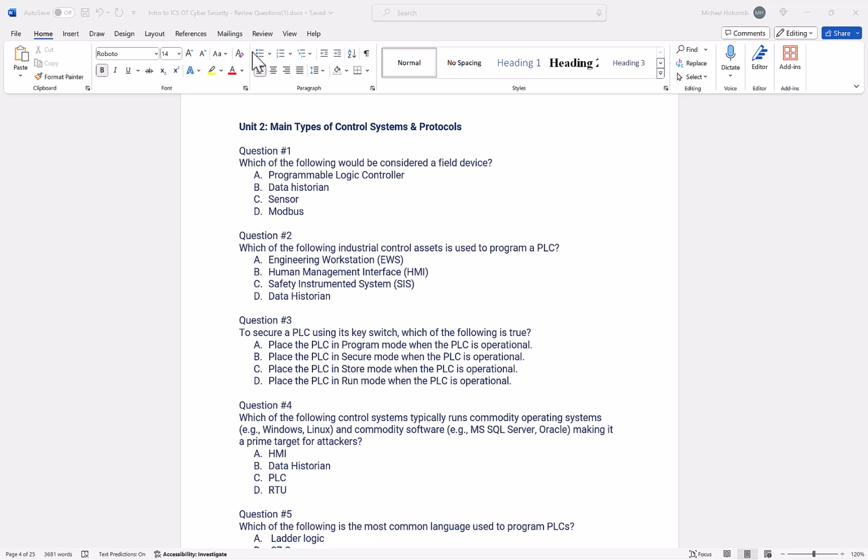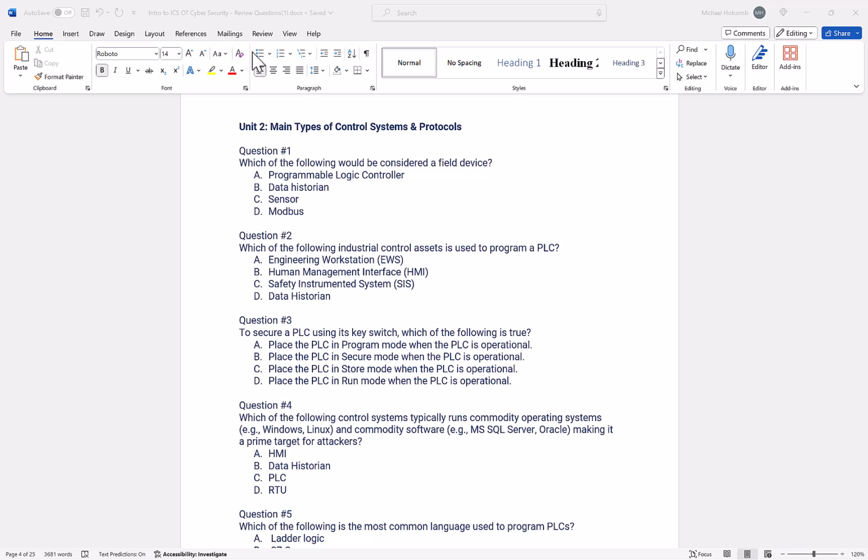The SIS is that fail-safe backup in case we need to shut down the facility safely. And the data historian stores information about how the process has been working over time. But the engineering workstation is what we would use to program a PLC or upload a new version of the firmware.